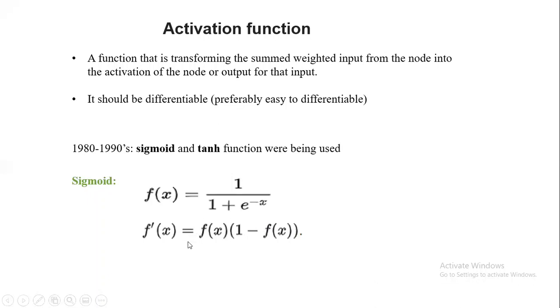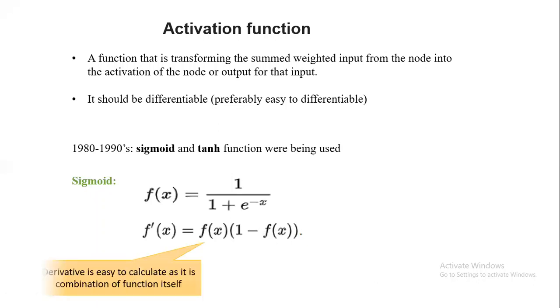If you want to calculate the gradient of the function, you just calculate the value of the function, and then you have f(x) times 1 minus f(x), and you will get the gradient of the function. Derivation is very easy. This is the sigmoid function, and this magenta line shows the range of its gradient.